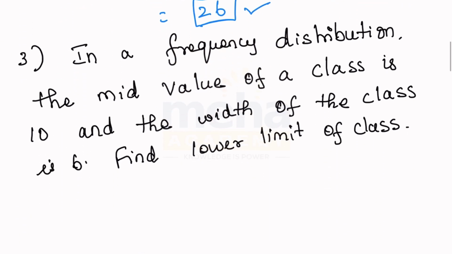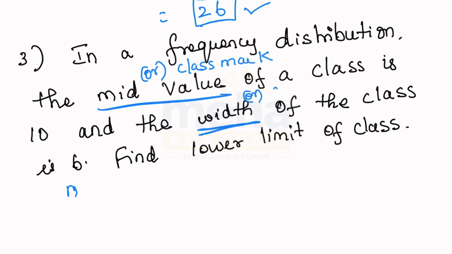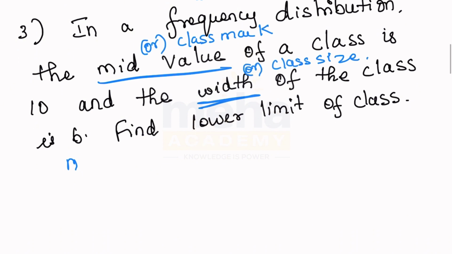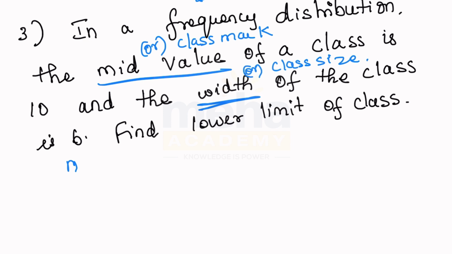Next question. In a frequency distribution, the mid value of a class is 10 and the width of the class is 6. Find the lower limit of the class. We should know that the mid value is also called the class mark and the width is also called the class size. They have given the class mark and the class size and are asking us to find the lower class limit.